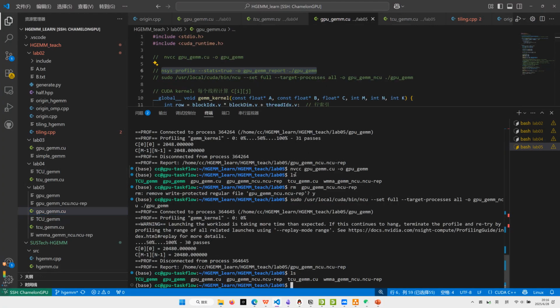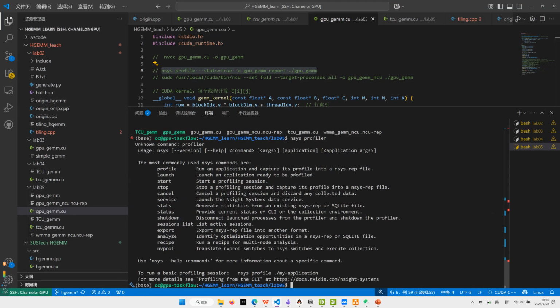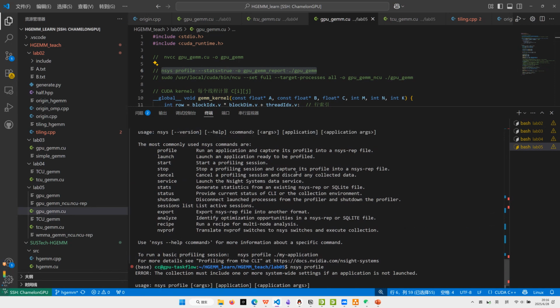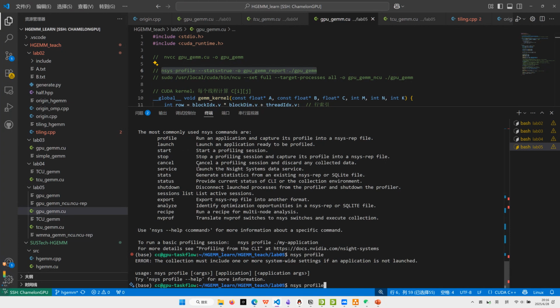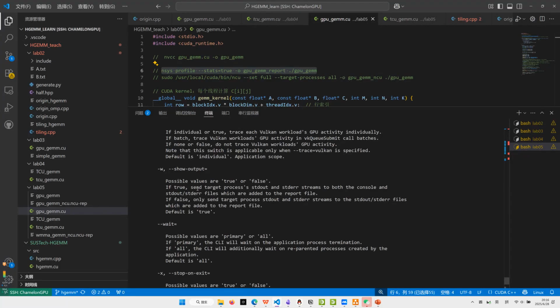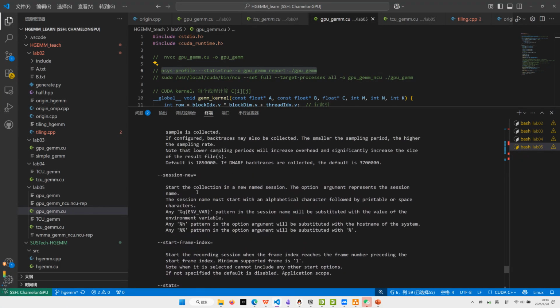We can use this thing, that is the nsys file. Sorry, yeah, you would see some of the commands here. And let's see profile. You can see most of the API here, and you can start some of them by reading this API.